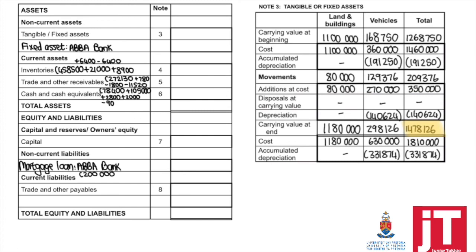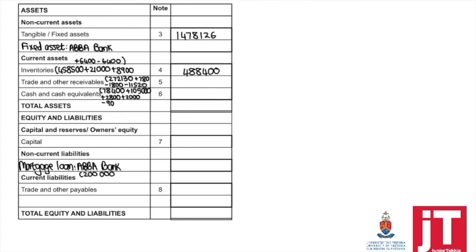Now we've done all the adjustments, so we can fill in the rest of it, which means from note number 3, the carrying value at the end of the accounting period. Close the brackets, total inventories, trade and other receivables, cash and cash equivalents.